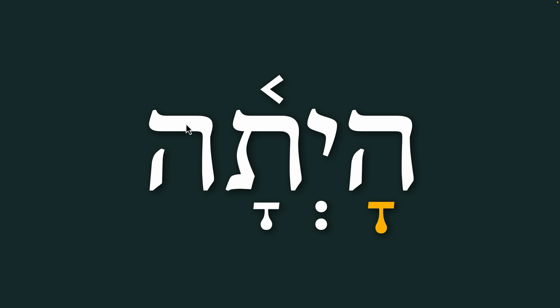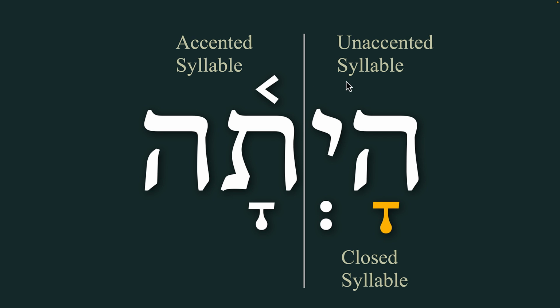Now take this hayata. The word hayata, if you split it, it's a closed syllable, an unaccented syllable, and this is an accented syllable, pretty much similar to chokhmah, but it's not hoita, it's hayata. So this is not actually a closed syllable.